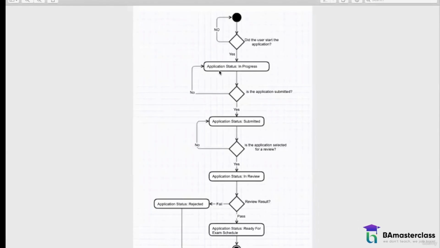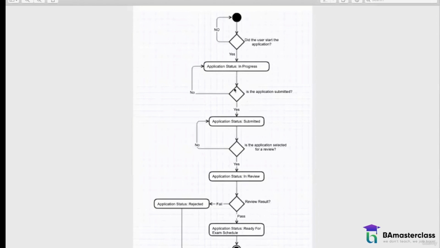Look at this. Application status in progress, application status submitted, application status in review, application status ready for exam schedule. So what is it trying to show me? It is showing me all the different states that the application has.